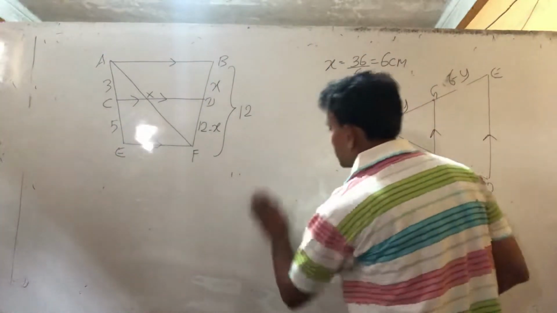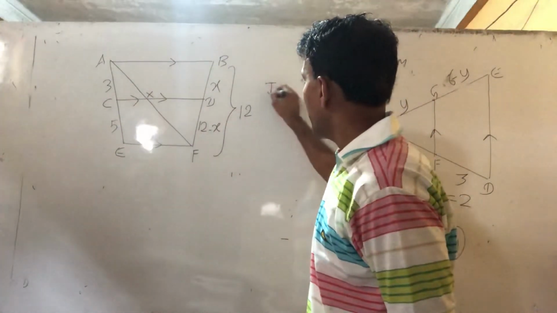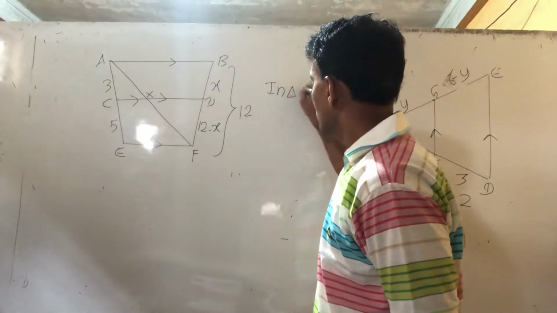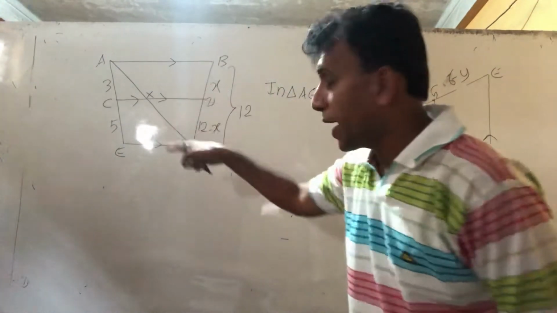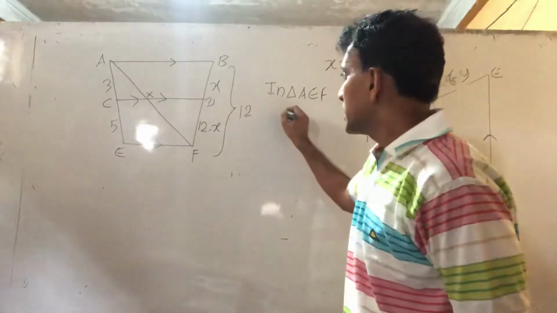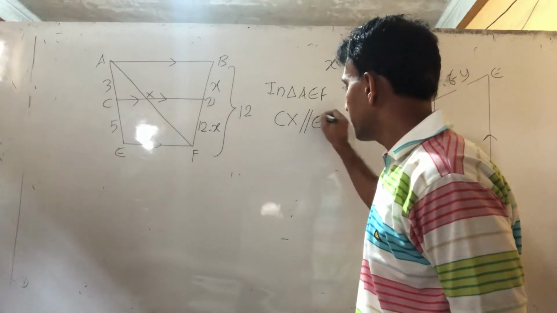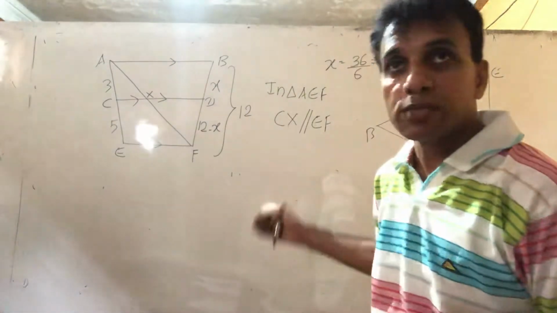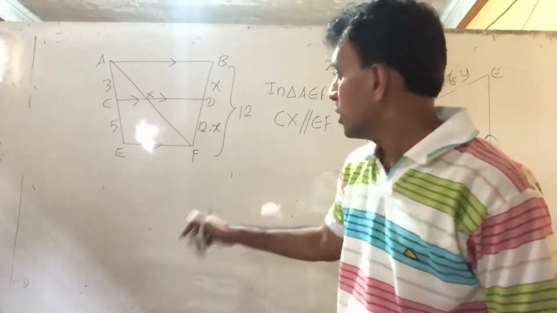Therefore, in triangle AEF, CX is parallel to EF. Better you write like this, then only you know how to apply the theorem with the data.